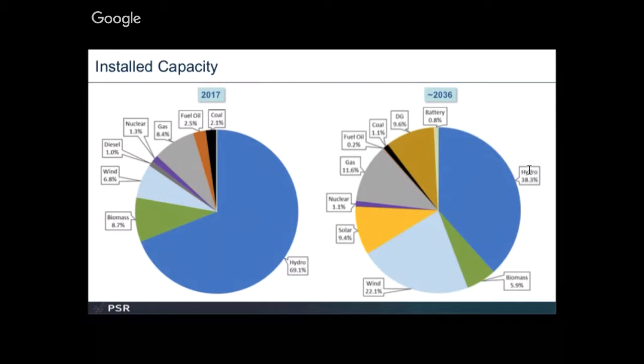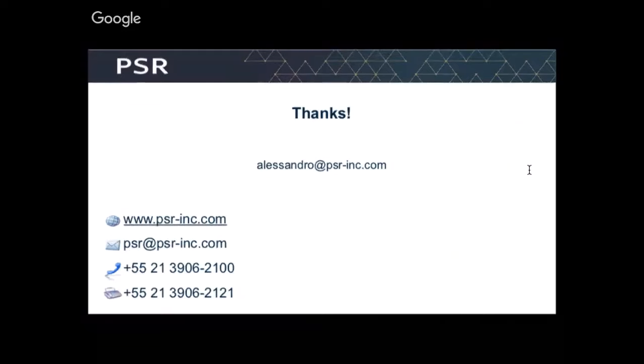And by 2036, the projections are that we become a 40% hydro country, with a 30% wind and solar share. And as you can see, the total amount of thermal plants increases as well, from 8% to 11%, in order to provide reserve and flexibility to the system. This is it. Thanks.